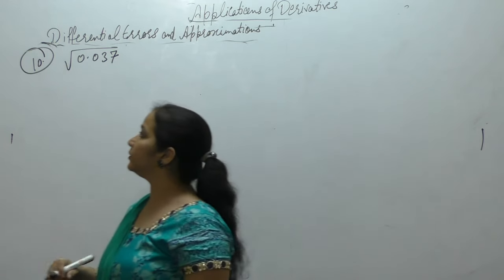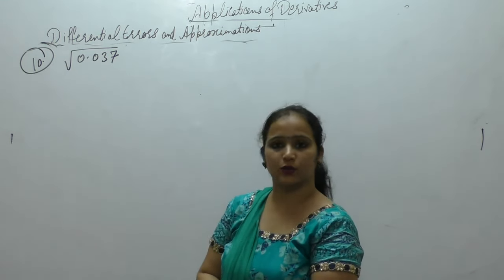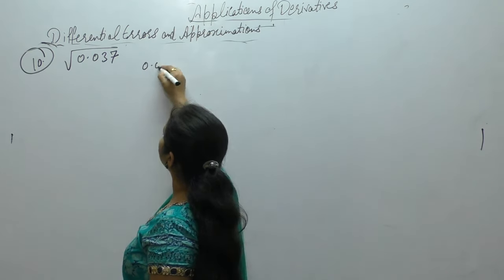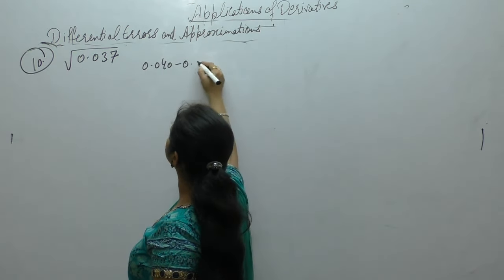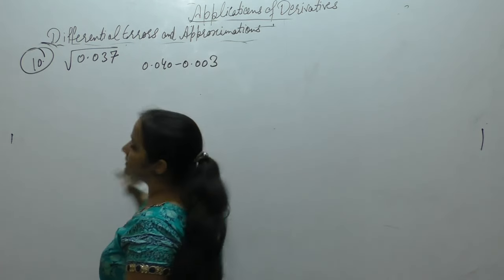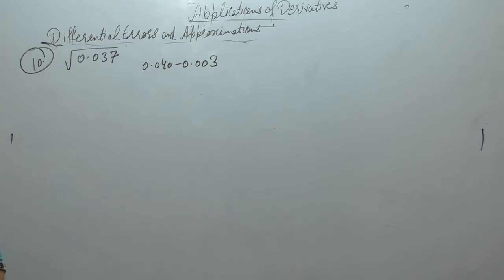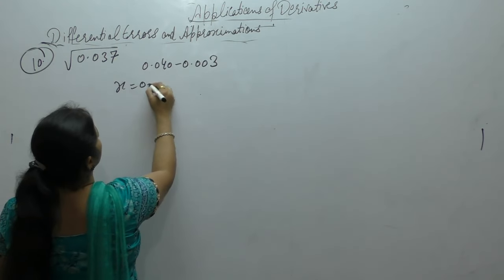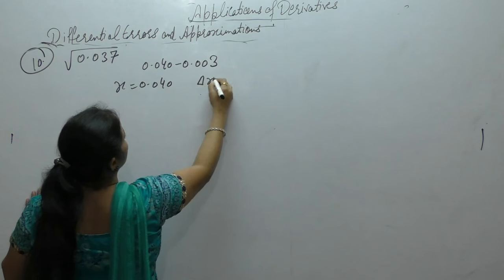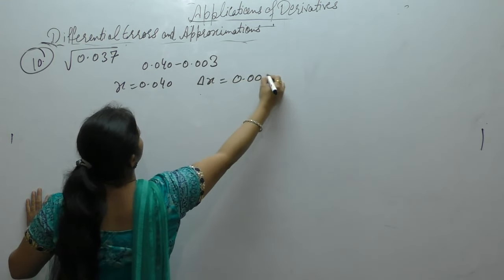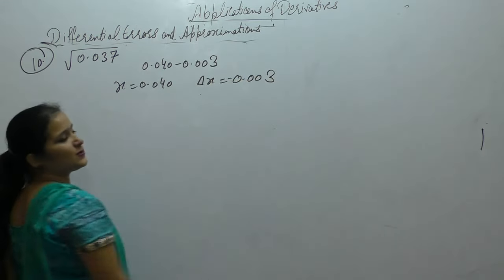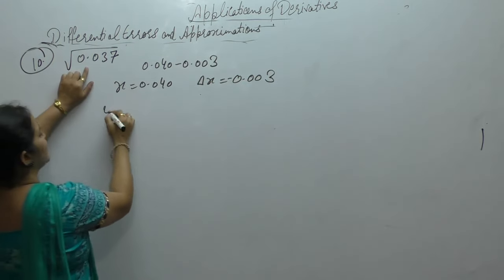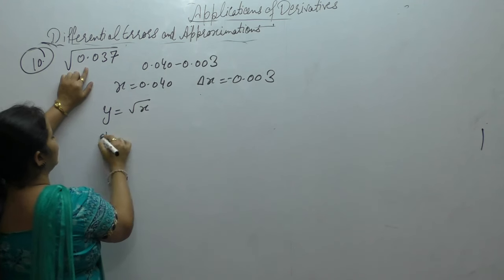Now 0.037 is not a perfect square, so we can write it as 0.040 minus 0.003. Clear? So let x be 0.040 and delta x be minus 0.003. y is equal to square root of x.